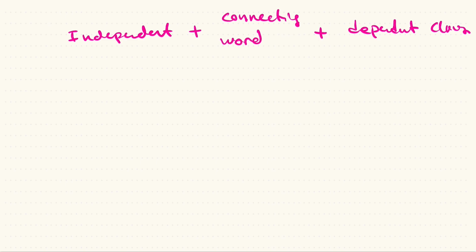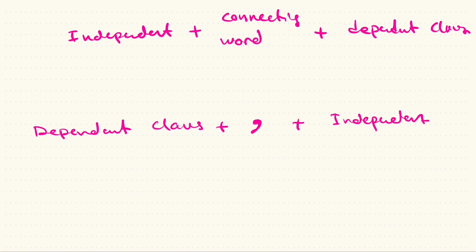And on the other side, you have your dependent clause, which starts, for example, with your connecting words. I'm not going to put that in the formula, plus this comma, plus your independent clause. So this comma is very important. If you miss it, essentially you'll lose points. So this is important, the comma, to practice and get it right in your writing.